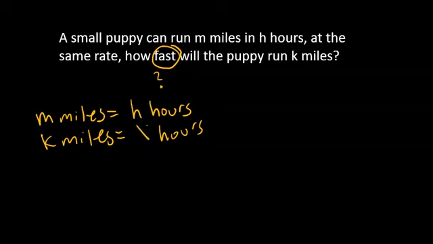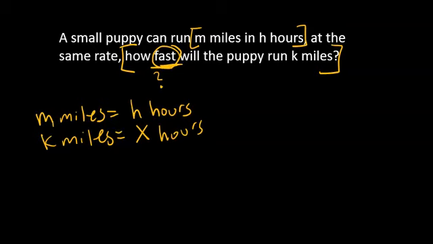I don't remember what I said, so I have no idea how to correct that if there was a reason to correct it. Okay, so I have m miles in h hours, right here. M miles in h hours. And then the second guy is k miles with question mark hours. Jeez, I wish I could remember what I told you guys.